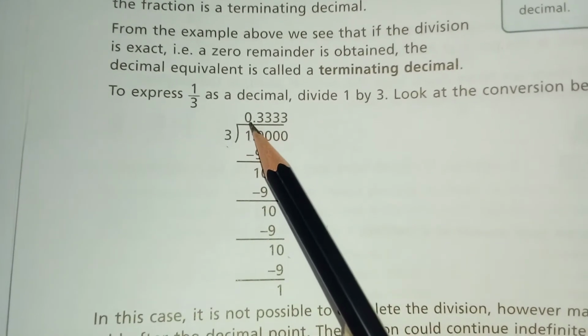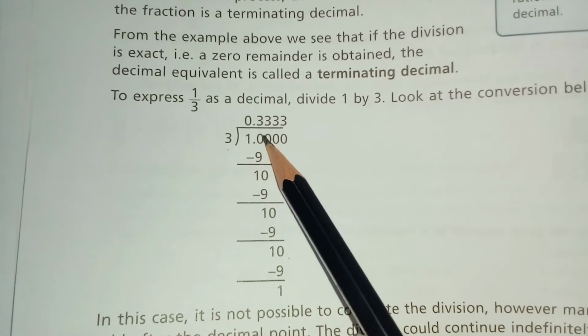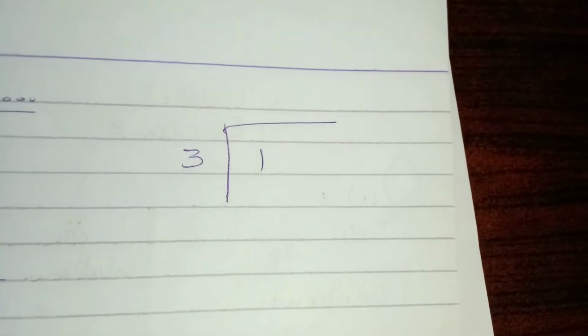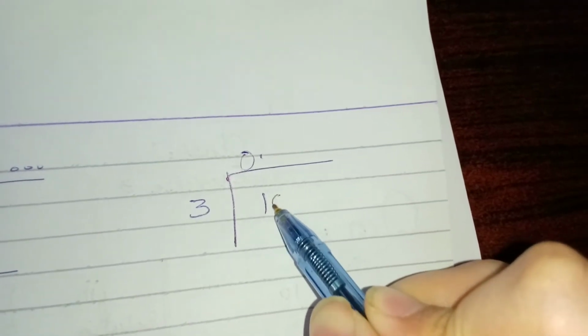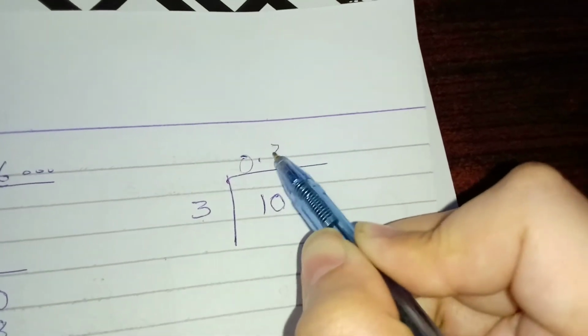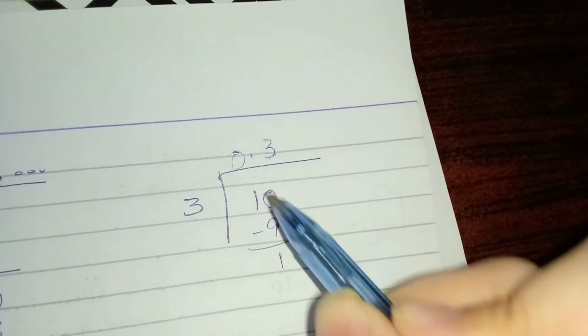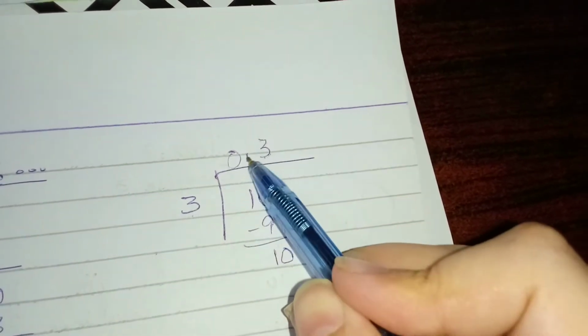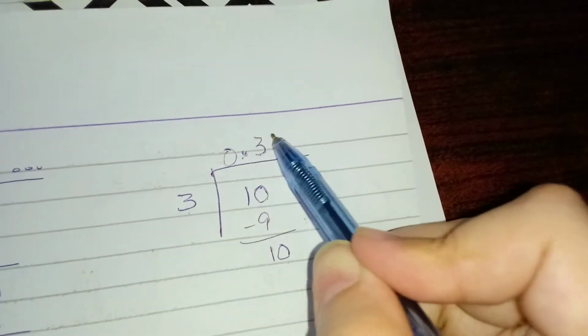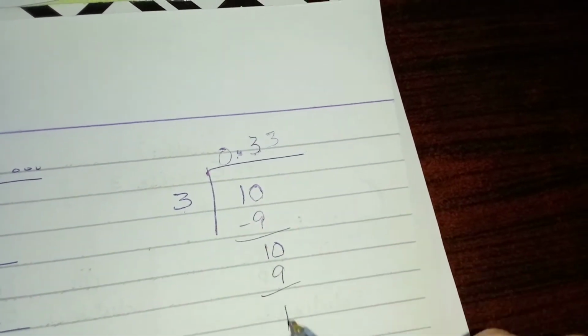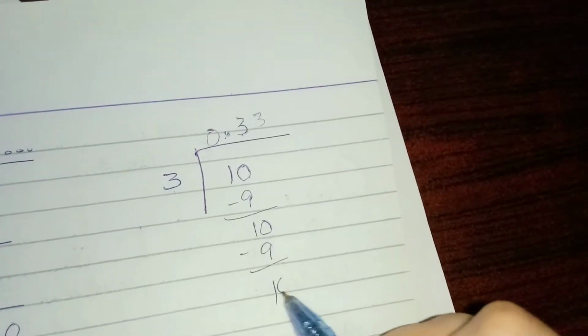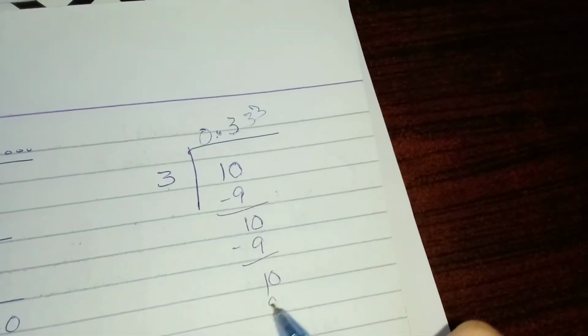So we put a 0 point and we put a 0 here. 3 3s are 9, minus 1. Now we put a 0 after this point. 3 3s are 9 and the remainder is 1. Now again 0, 3 3s are 9 and the remainder is 1.